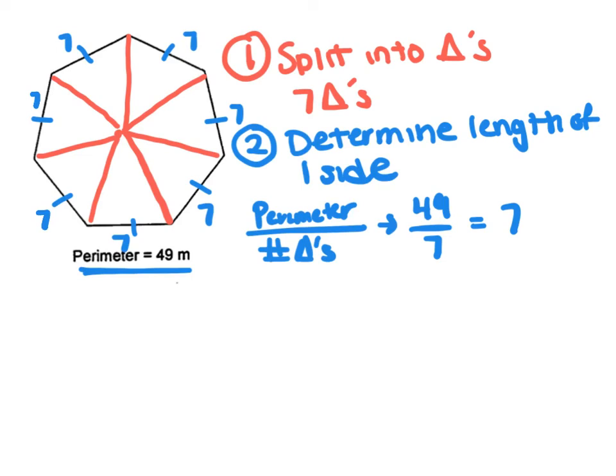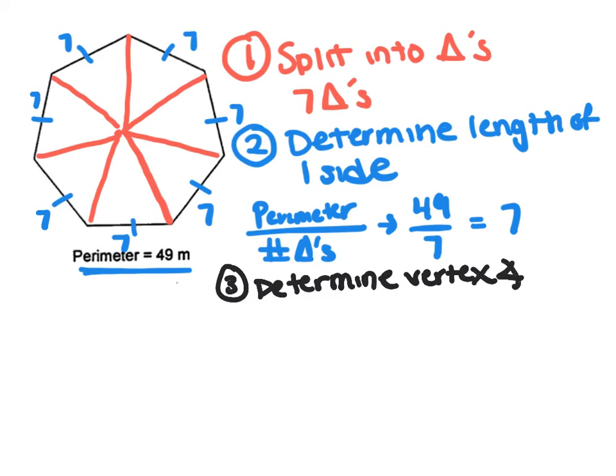Now, once we do this part, we're going to continue like we would for example 1. So the next thing you do is determine the vertex angle measures. Then you would calculate the height of the triangle.